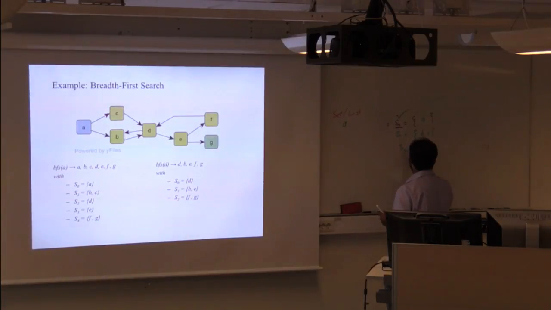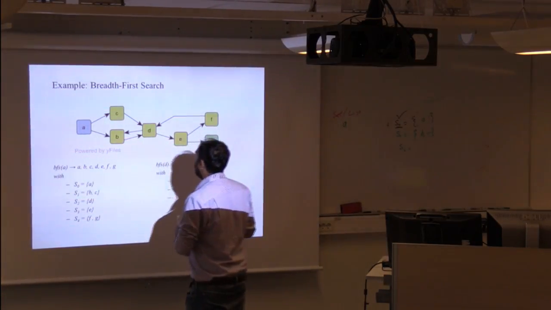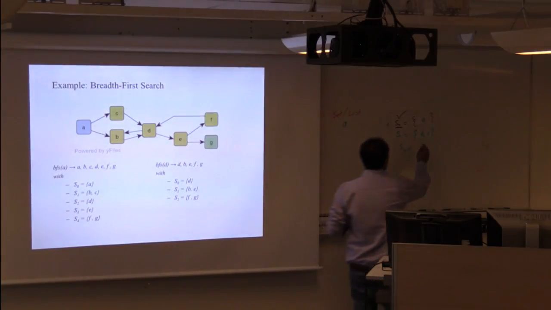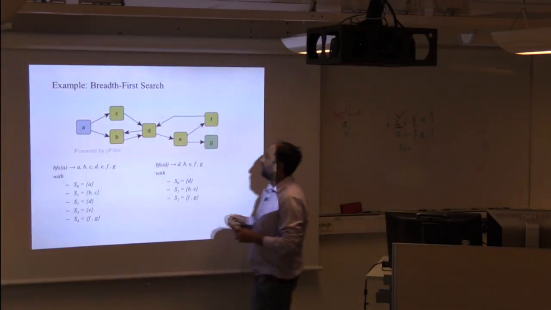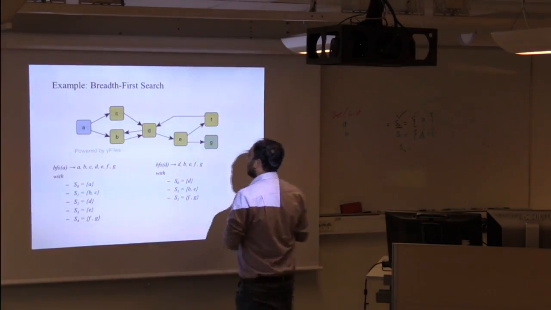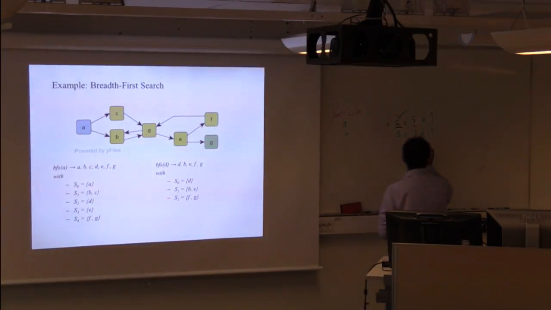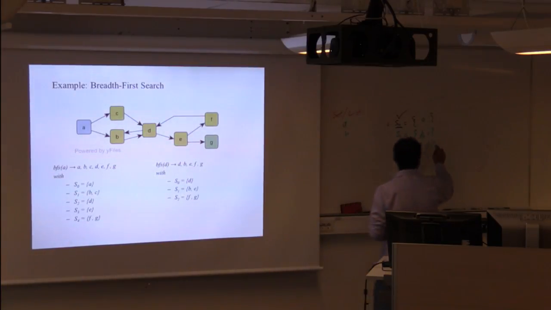And we also, starting from B, add B to the list, and we find the successors of B, which in this case is only one successor, D. So there is no other successor.